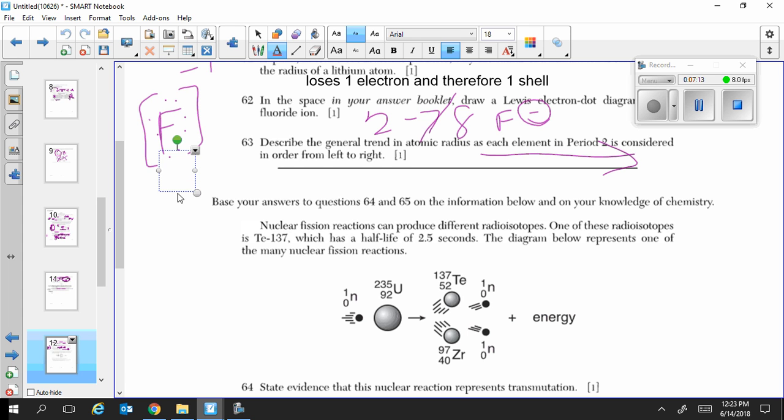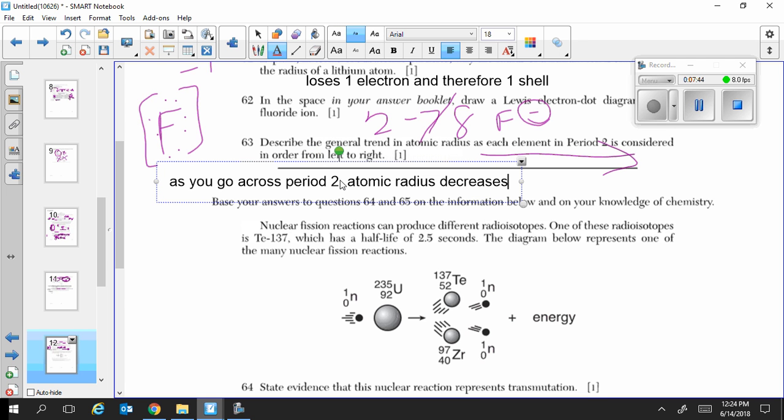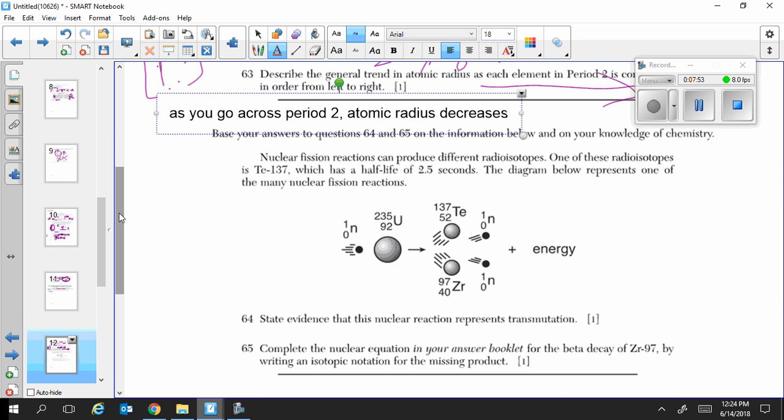A trend means I have to state as the elements go across period 2, atomic radius decreases because you have more protons to pull those electrons in. So that's the trend. As you go across, the radius decreases. When you're doing a trend, you have to make sure you are stating what you are changing.